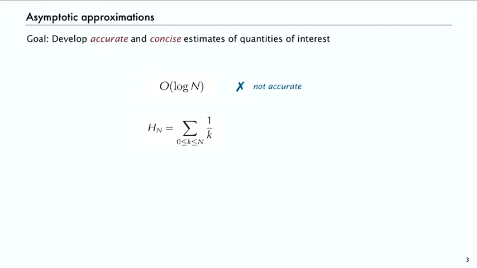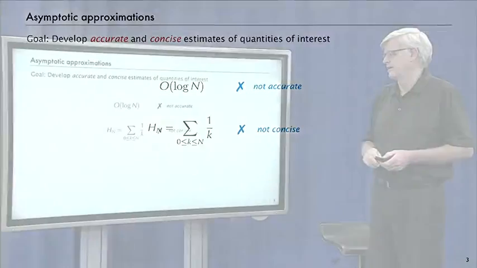and there's no way to get a precise estimate of what the quantity is. If we take a definition like this, say H sub n for the harmonic numbers, that one's accurate, but it's not concise. It's going to take time to compute the exact value that you want.